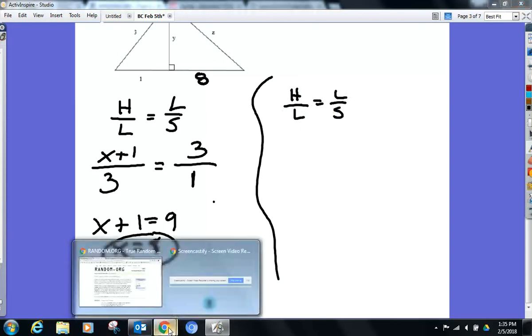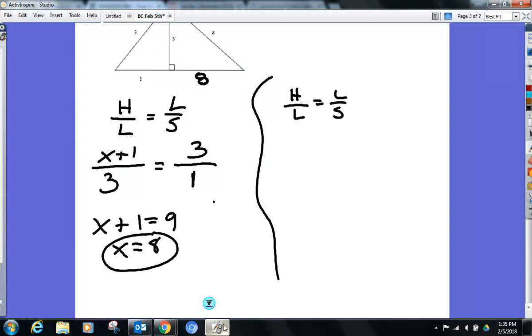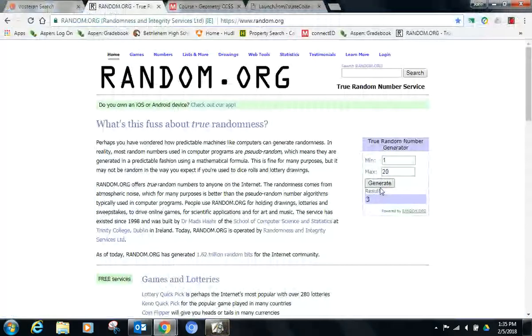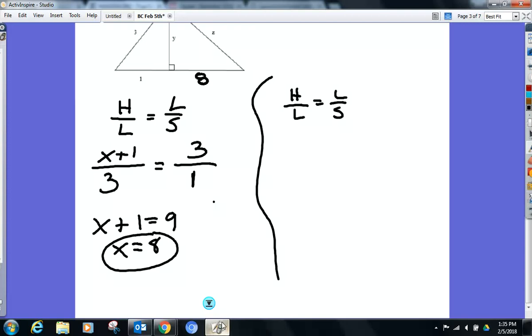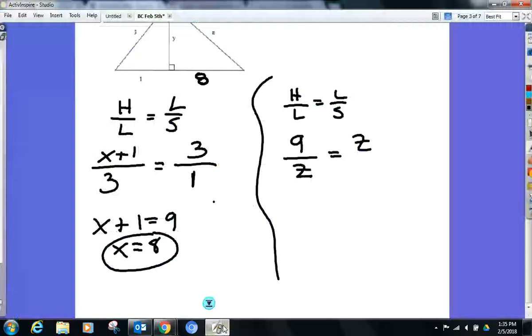All right, now you actually don't tell me x plus 1 now. What is the hypotenuse length? 9? Perfect. How about 3? 9 over leg z. Leg z, what segment should I be plugging in? 1 or 8 now for the segment? What's the segment I should use? 8, yep.